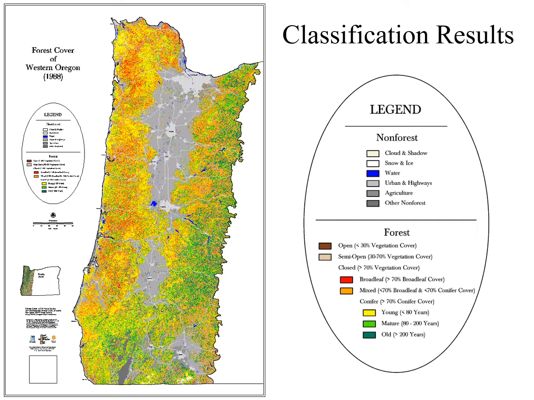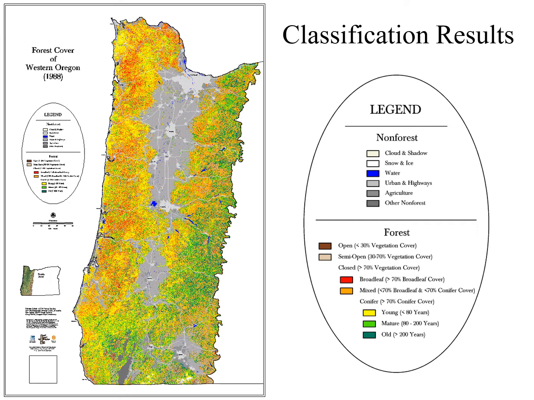Open forest, that is less than 30% vegetation. Semi-open forest, 30 to 70% vegetation. And then closed forest, greater than 70% vegetation cover. Among those closed classes, we have broadleaf, that is greater than 70% broadleaf cover.